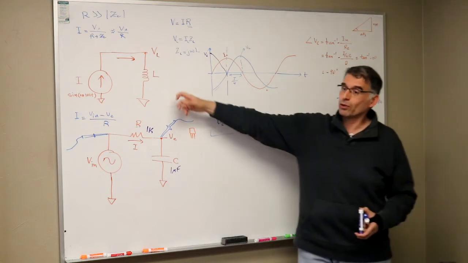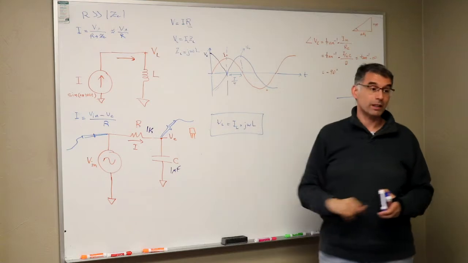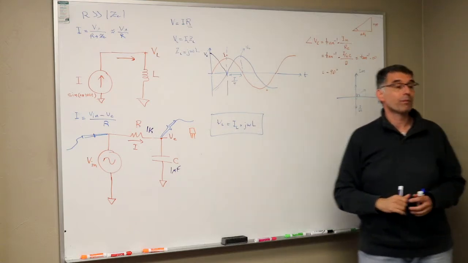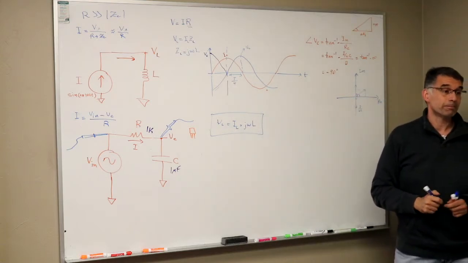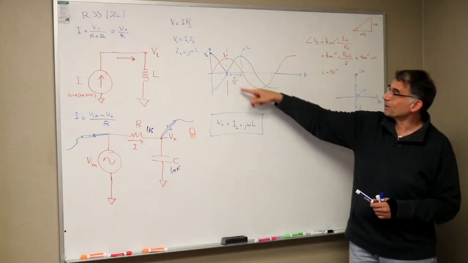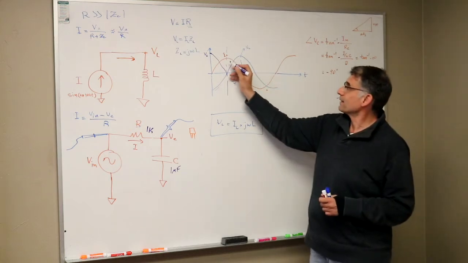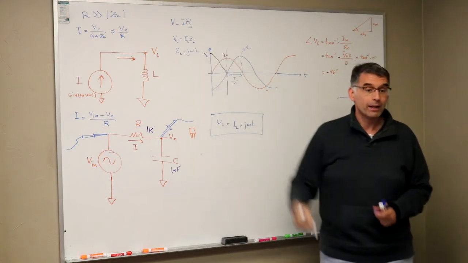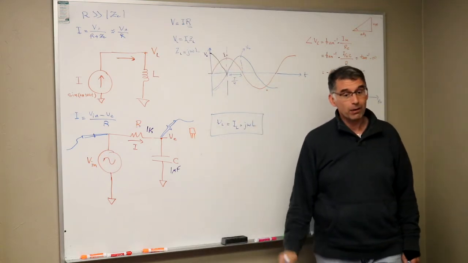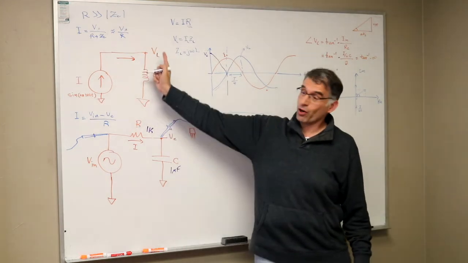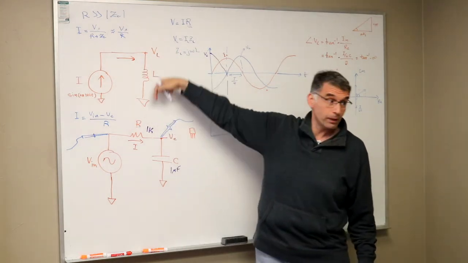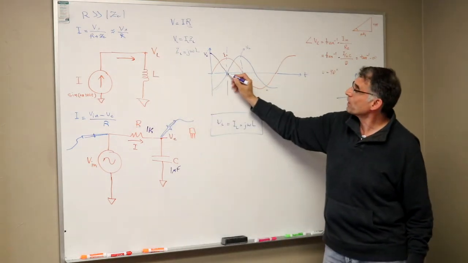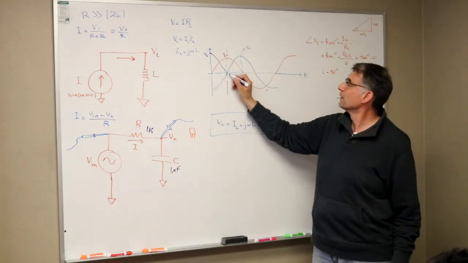So the inductor is not going to oppose it as much, and that's why the voltage is at zero. So then it just continues, right? As the current starts changing the other way, it wants to drop. The inductor doesn't like it. It says, I don't want you to drop. So it's going to actually try to push. It's going to try to keep the current going. So the voltage becomes negative.